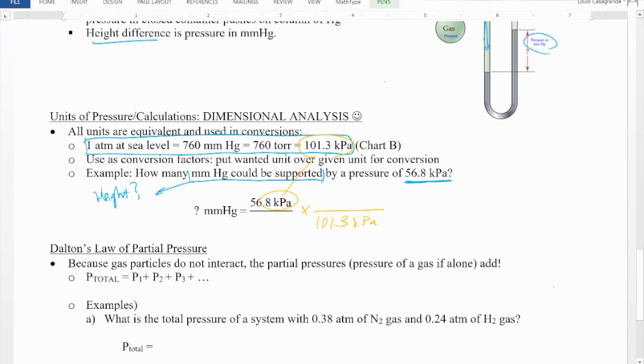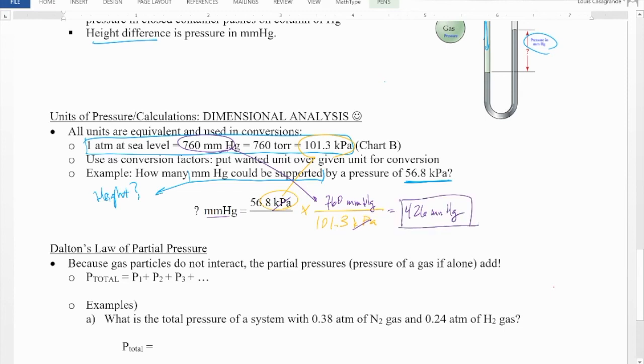I'm then going to take my 760 millimeters of mercury, since that's what I want as my final unit, and put it up here. This is going to give me my answer. Cancel out the kPa, we're left with millimeters of mercury, and that's 426 millimeters of mercury.